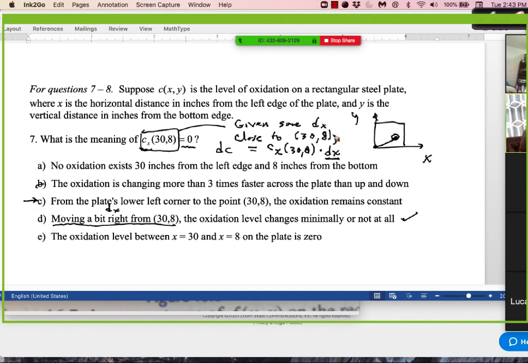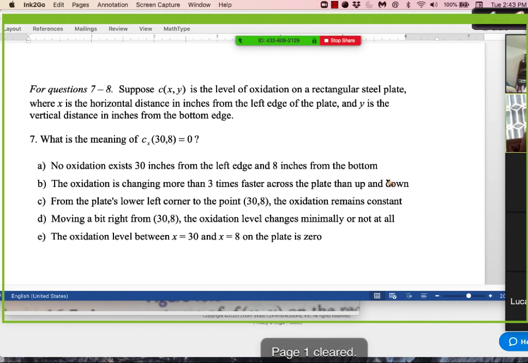And this answer C is talking about everywhere from the lower left corner up to that point. And so that doesn't work, because the value of a partial derivative is just a local phenomenon right by the point in question. Okay. Stop me if you have a question.